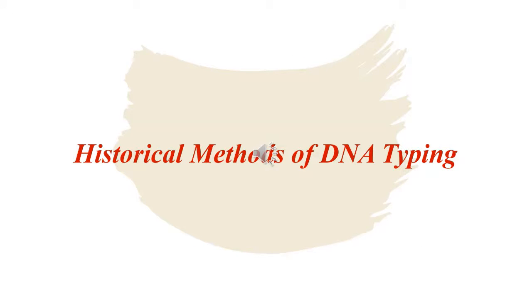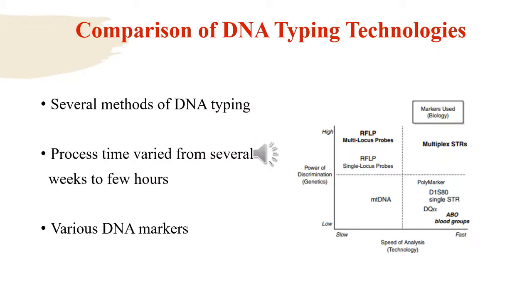I'm going to introduce the historical methods of DNA typing. In this slide, I'm going to give a brief comparison of the different DNA typing technologies that have been used from past to present. Technologies used for performing forensic DNA analysis differ in their ability to differentiate between individuals. DNA testing earlier took 6 to 8 weeks.